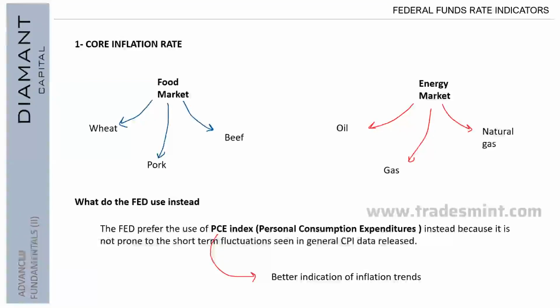And they use it instead because it's not prone to any short-term fluctuations seen in the general CPI data released. It's a better indication of the inflation trends. Now, this can be easily accessed, whether it be Forex Factory or FX Street, wherever it may be. But just to let you guys know, this is the main one that they look at, especially in their data analysis.